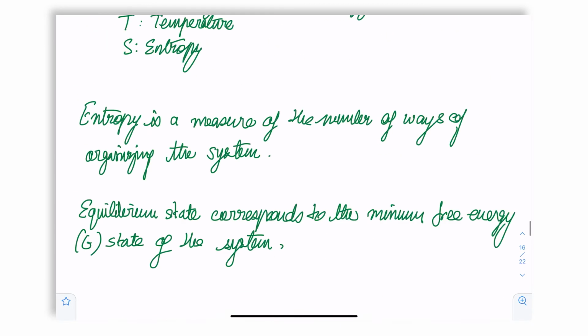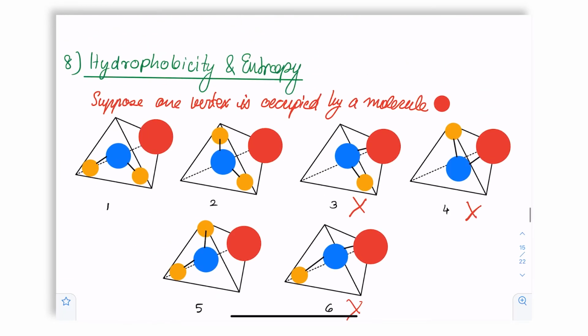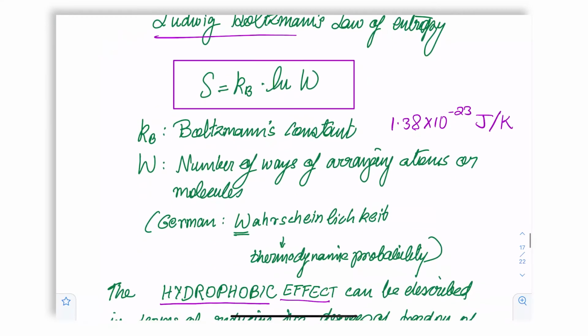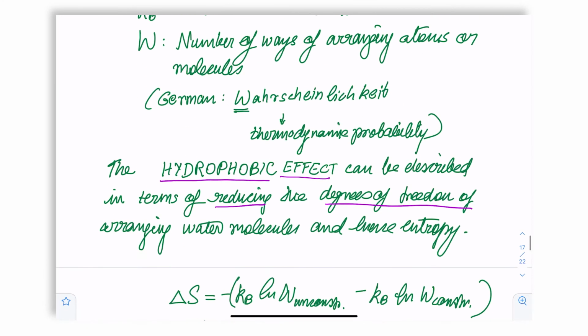Remember that we said there are certain permitted positions for water, and an apolar molecule placed in the matrix will result in restricting the freedom of water molecules to be placed. And so we are going to describe the hydrophobic effect in terms of reducing the degrees of freedom of arranging water molecules, and therefore giving rise to hydrophobic effects through entropy.